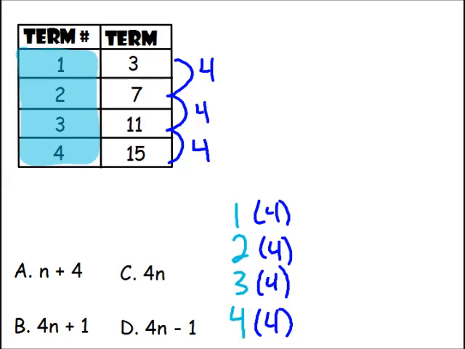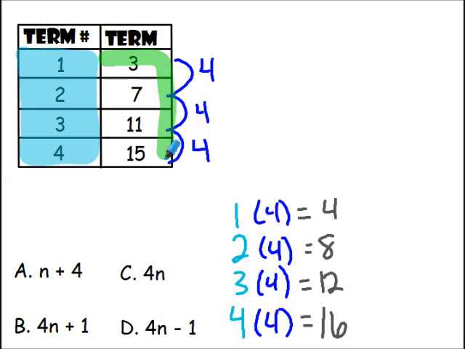What value does that give us? Gives me 4, 8, 12, and 16. Are those the values that I want to get? I want to get 3, 7, 11, and 15. So I didn't get the right number.